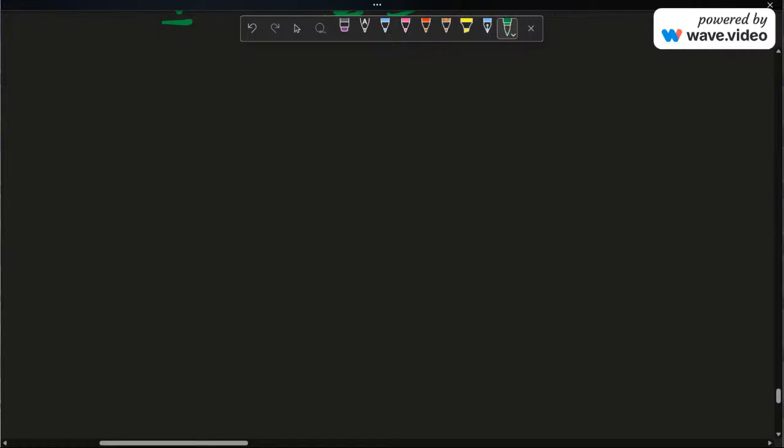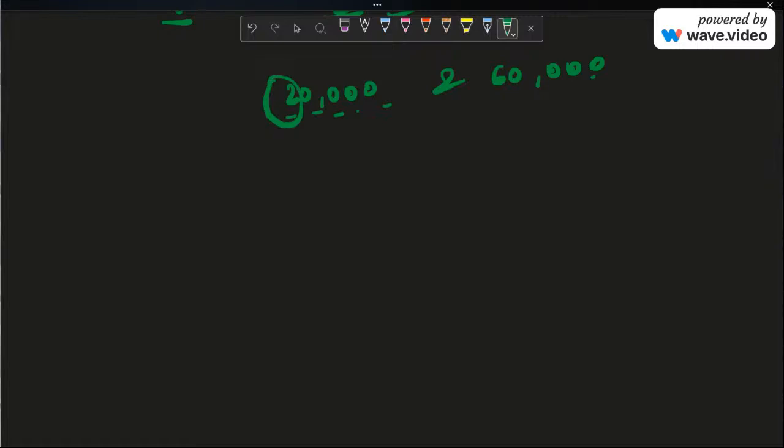How many natural numbers are there lying in between 20,000 to 60,000, the sum of digits being even? Okay, so 20,000 and 60,000. We have to find out five digit numbers in which sum of digits is even, and then we will make restrictions on the first digit.